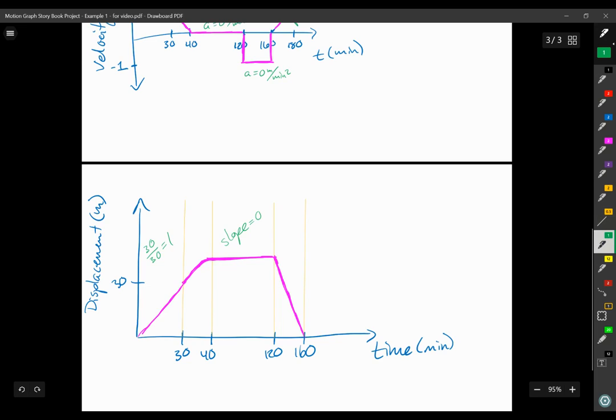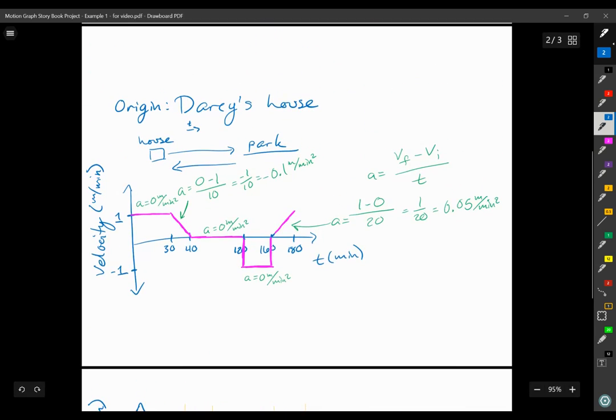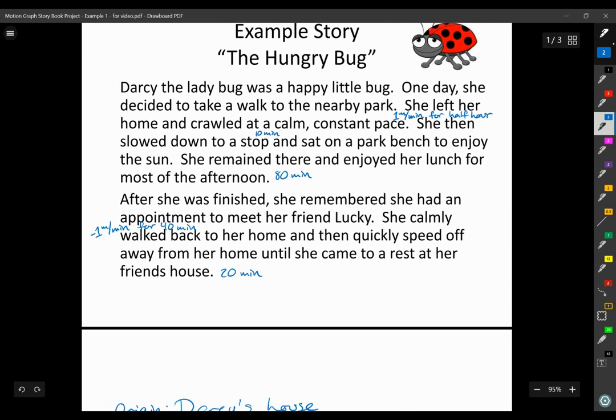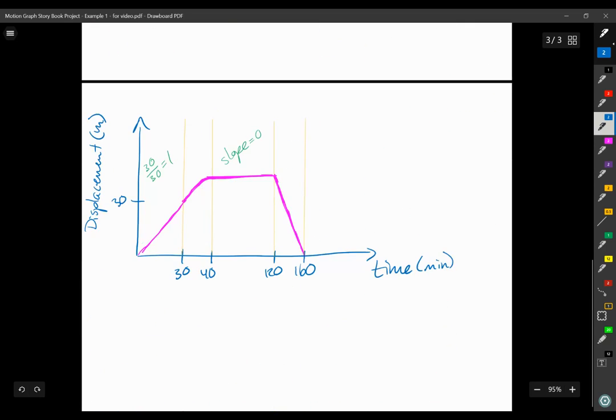Before I move on, I'm just going to check my slope. One thing you'll notice is that I didn't actually say how far the ladybug went here, so I just made the assumption, I also didn't say up here, so I just made the assumption that that was 50. If you need to make up some numbers along the way, that's okay, as long as they match what's happening in your story.